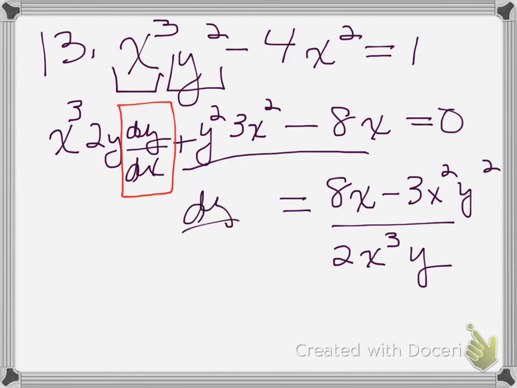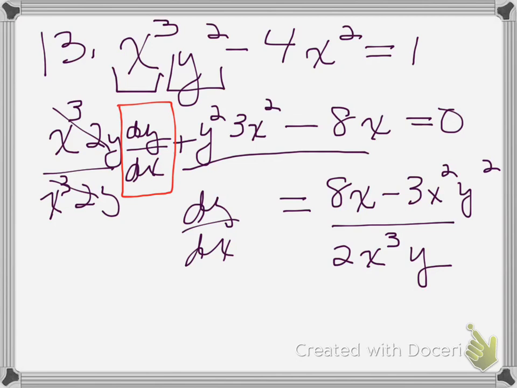Do you see what I just did? I divided after I moved by x cubed y to get dy/dx by itself. Now, is there anything else I can do with that? Let me just check it to make sure that everything is good.